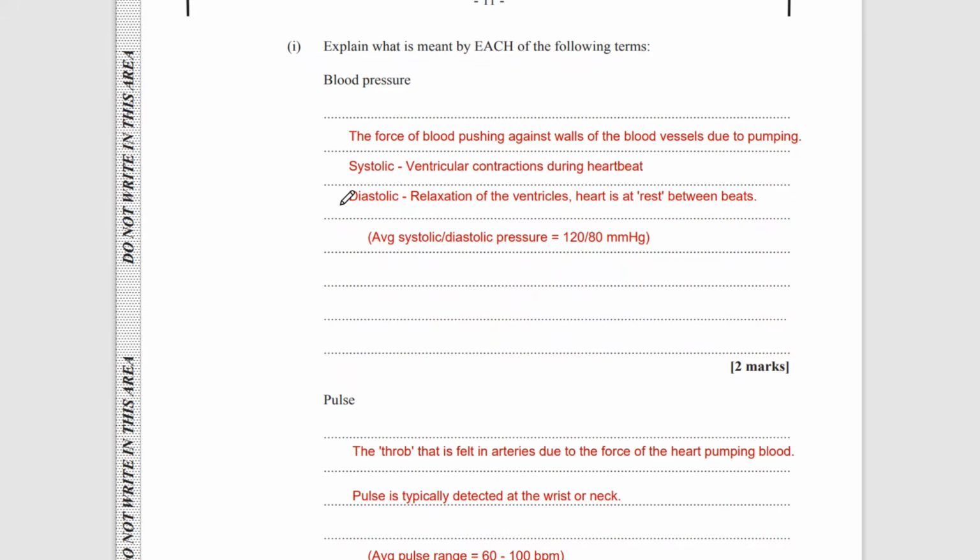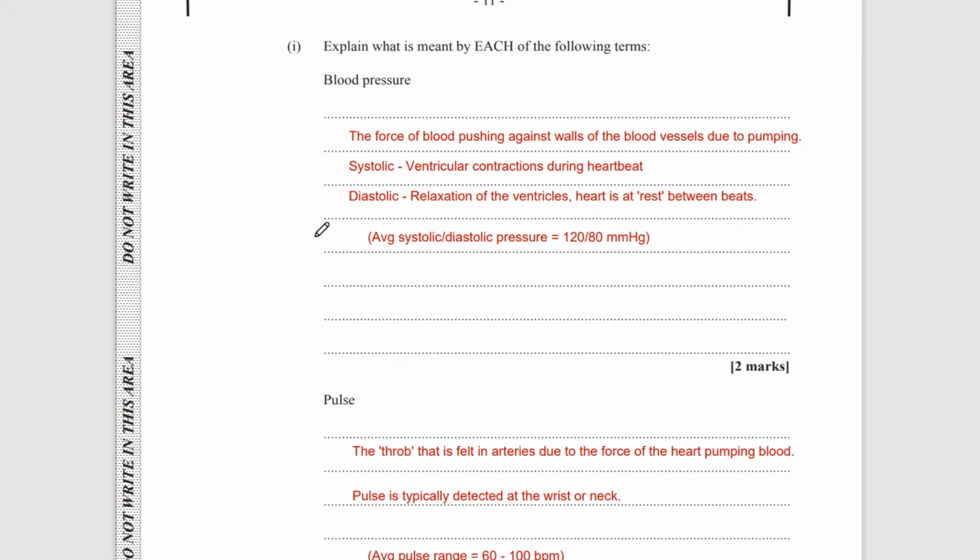Systolic and diastolic. So systolic, I used to remember it like S for squeeze. Imagine you're squeezing the bottom of the heart, the ventricles, and it's squeezing the blood out into the aorta and things like that. So the systolic pressure is the ventricular contractions during the heartbeat. This is the higher pressure here.